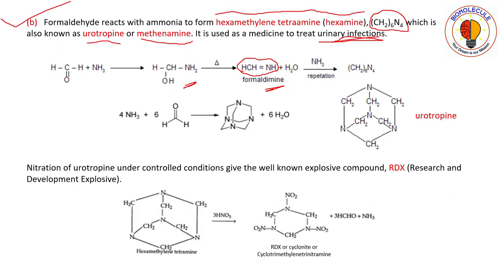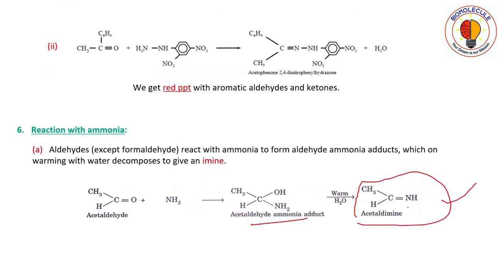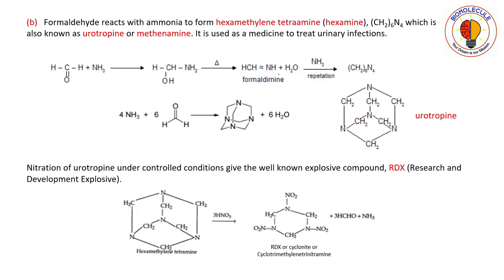Here also, same, you are getting the ammonia adduct, on further warming you are getting formaldehyde. But here this formaldehyde, unlike acetaldehyde, is very reactive and it reacts further with ammonia to give you urotropin, (CH2)6N4.